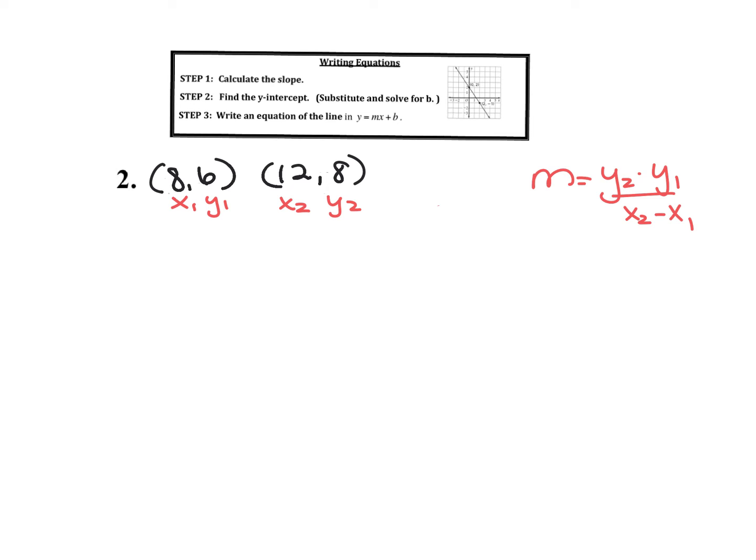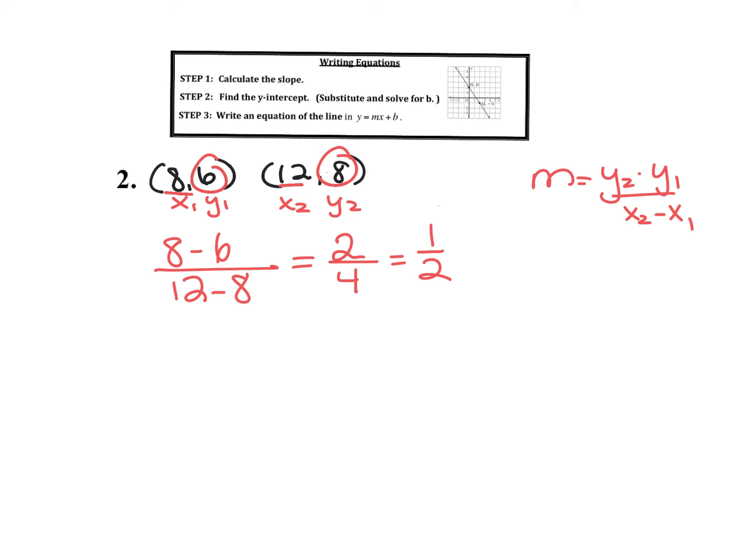So I'm going to take my 8 minus 6, that's my y2 minus y1, all over 12 minus 8. So 8 minus 6 gives me 2, and 12 minus 8 gives me 4, so that's going to simplify down to 1/2. All right, so that's my first step, calculating the slope.